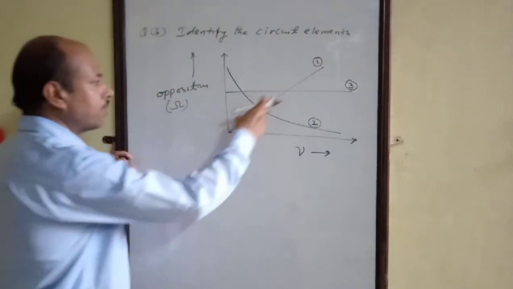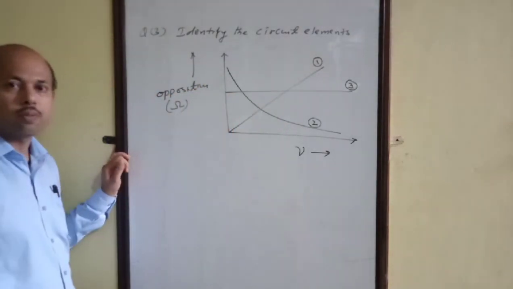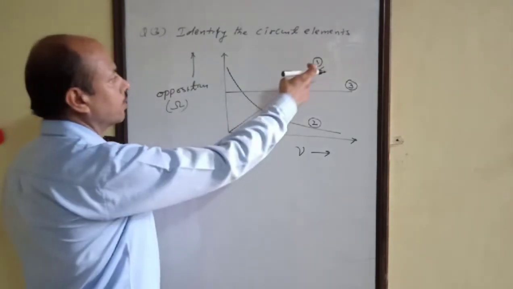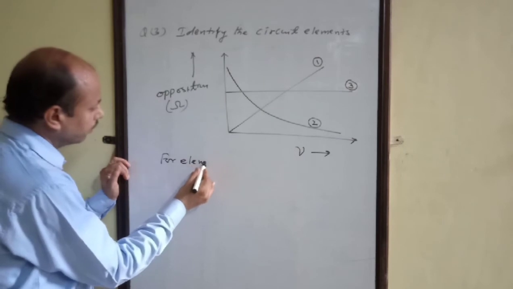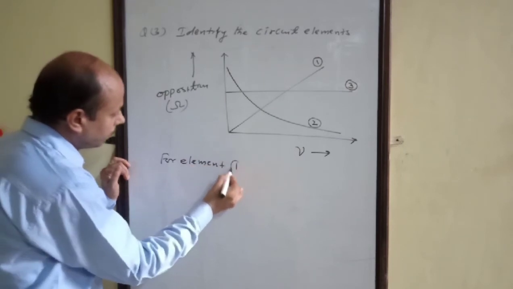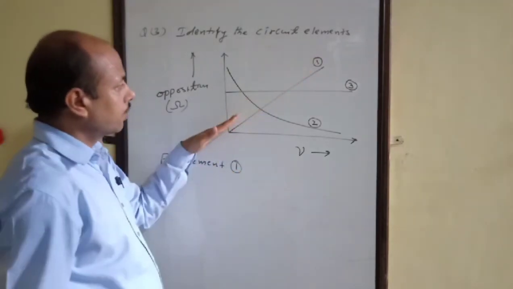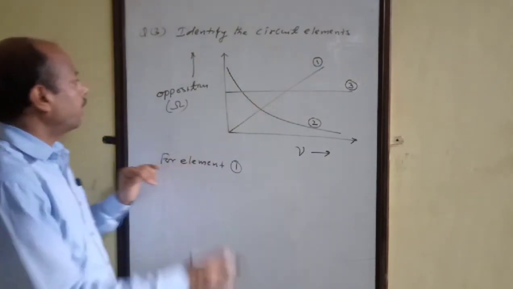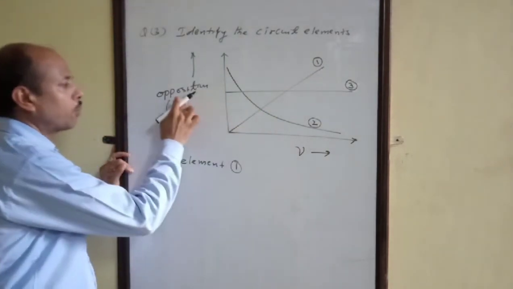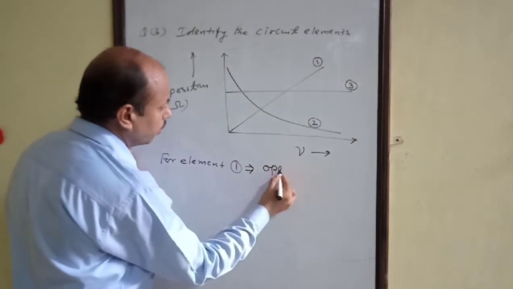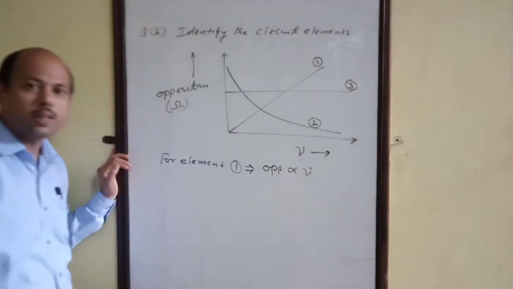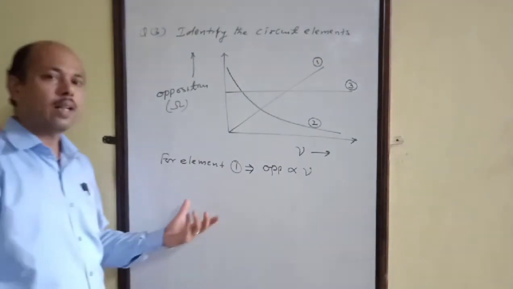If we see this first element, we don't know its name, but we can identify it. For element 1, the graph is a straight line having some slope. It means opposition is directly proportional to frequency. Now we can recall there are two formulae.